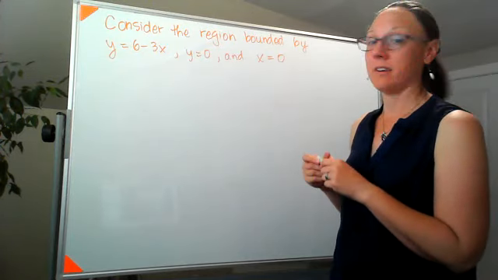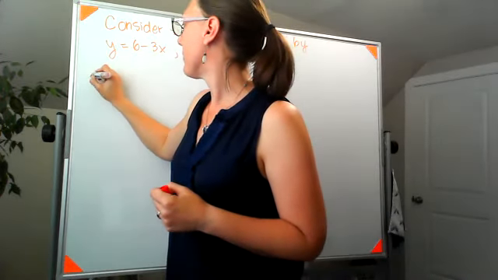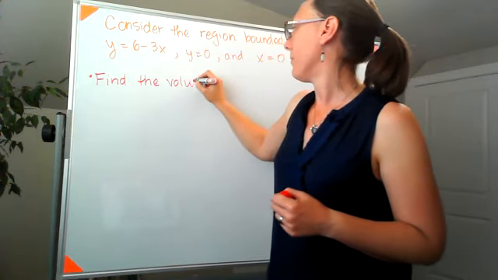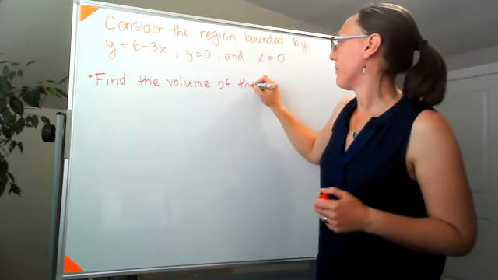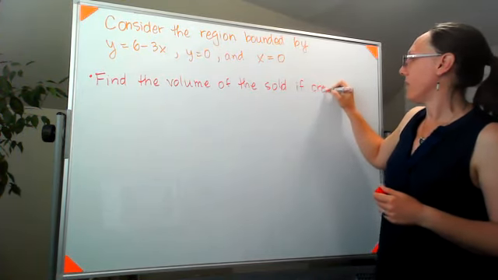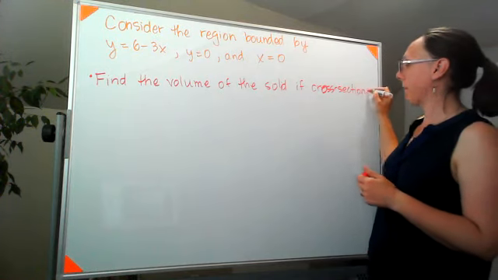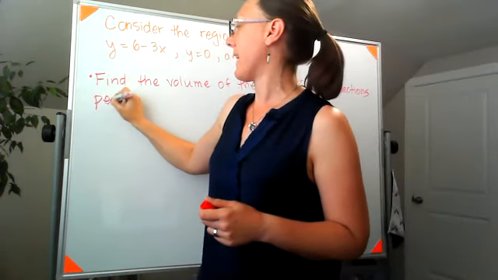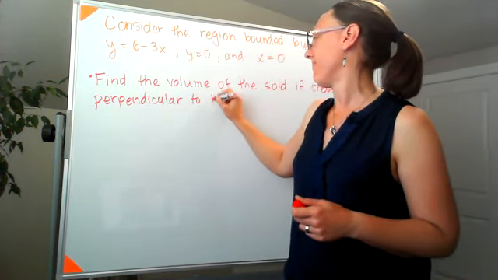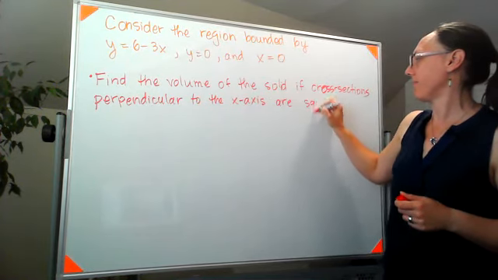And then we're going to find the volume of the solid if cross sections perpendicular to the x-axis are squares.